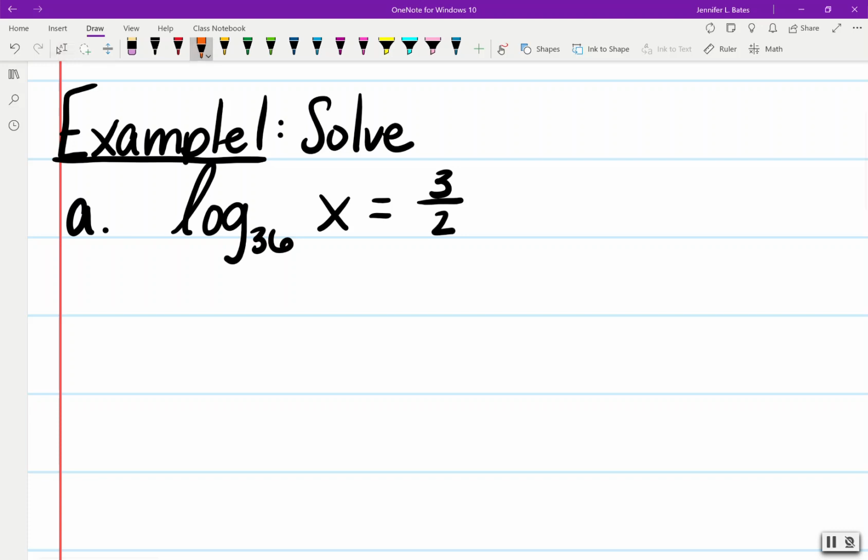So what we're going to do to untrap it is switch forms. To switch forms, we're going to use that silly trick. Anytime we see a log, we're thinking logs are B-A-E, which tells us base, answer, exponent. When we switch into exponential form, we know that we have a base raised to an exponent equal to an answer.